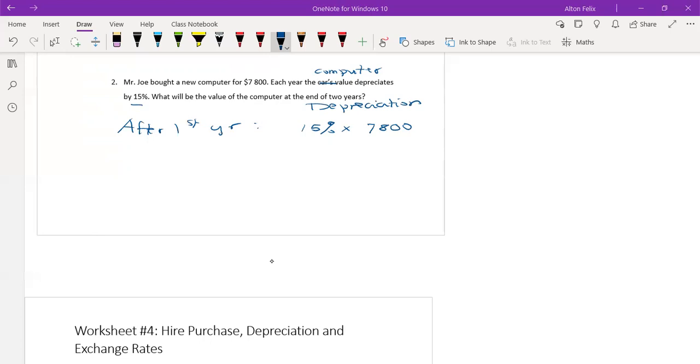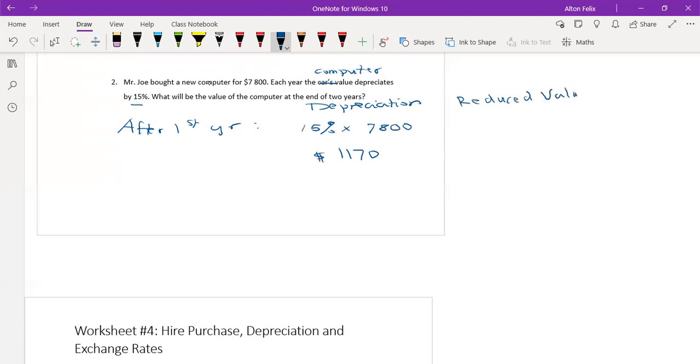So that gives us a depreciation of 1170. So that's the depreciation amount here, 1170.